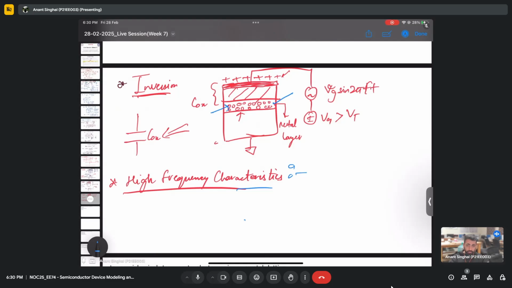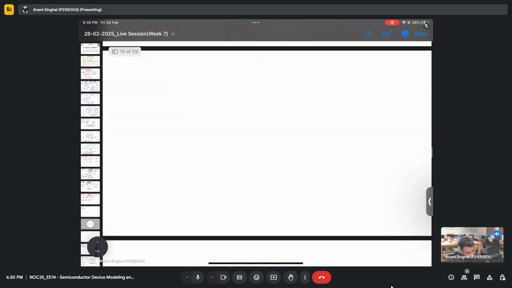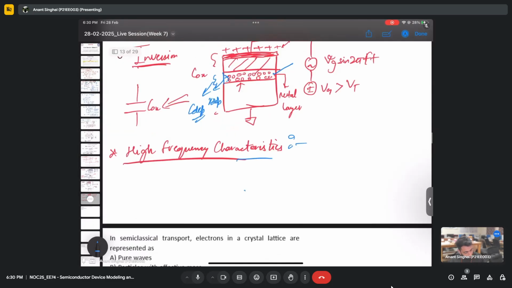But if the frequency is so high that the generation of electrons is not fast enough to respond to this high frequency variation, what happens? This capacitance never forms. It gets stuck at C depletion, because this region will still be depleted of carriers, and it will act like a depletion region. So for the high frequency, only the inversion region changes.